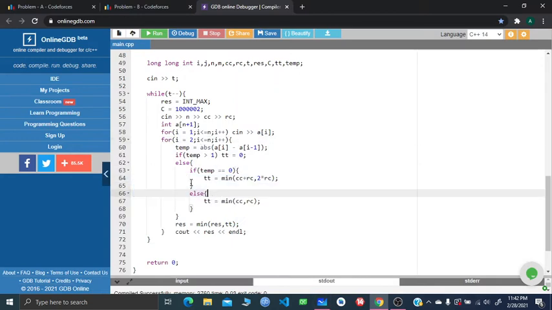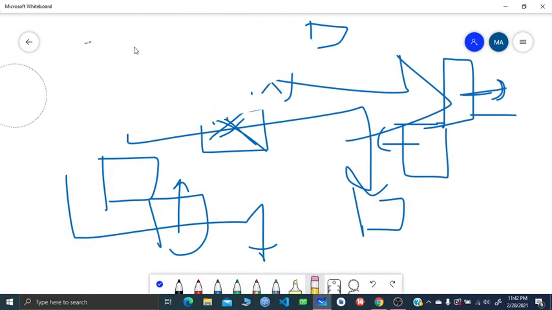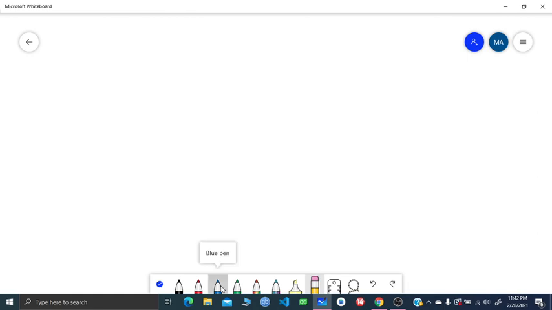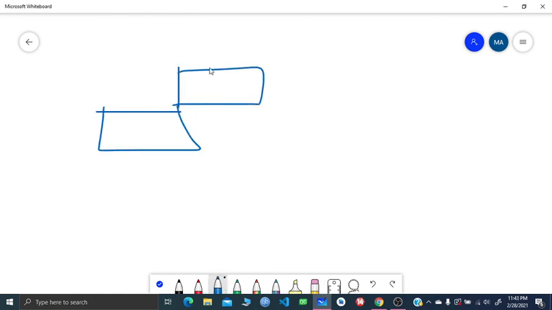And if temp is not equal to 0, which means temp is equal to 1, then the answer will always be the minimum of CC and RC. Why is that? Let me tell you once again. If they are shaped something like this, this is temp. If temp is equal to 1, it refers to this type of situation. Here, I could move it up, or I could move it to the left.